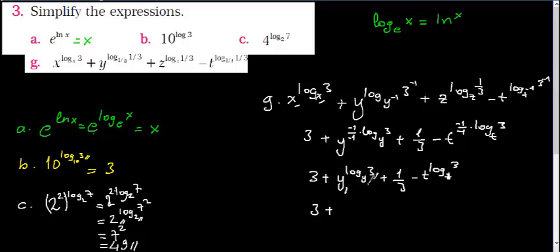Here exponential base and logarithmic base are the same, that's why it's going to be equal to 3 plus 1 over 3 minus 3. If you add them, 3 and -3 are going to cancel each other. 3 plus 1 over 3 is equal to (3 times 3 plus 1) over 3, 10 over 3, going to be.